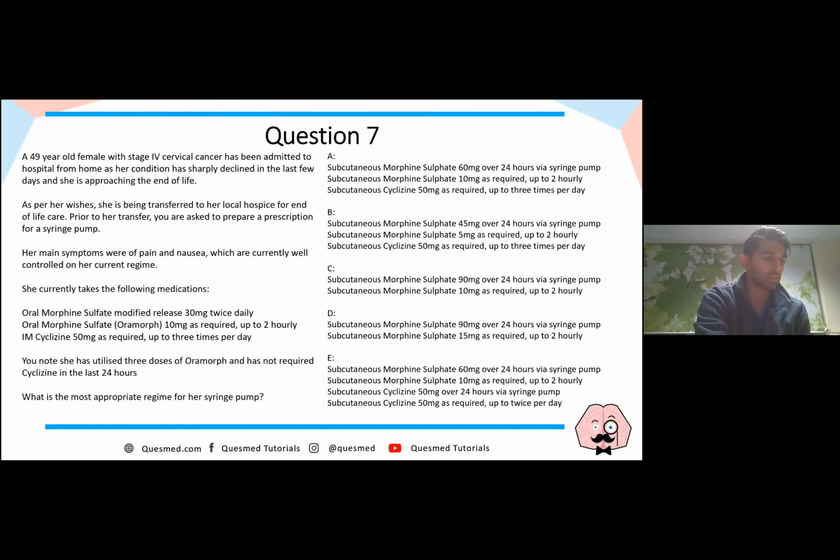Okay, last two questions. Sorry, we're going to run over a little bit. Have a look at this one. Take your time, because this is a long stem.